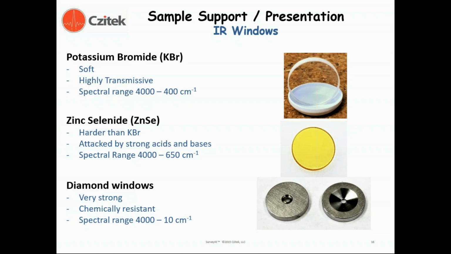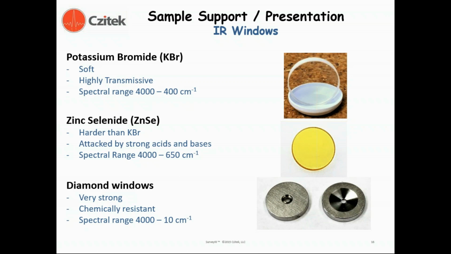Diamond is a very strong, chemically resistant substrate. We can prepare samples on diamond without transferring them. In other words, the sample manipulation procedures that we're going to demonstrate later can be done on a diamond substrate, including thinning the sample with some fairly aggressive force. You won't scratch the diamond, and diamond is chemically inert with anything that you would want to use for cleaning.